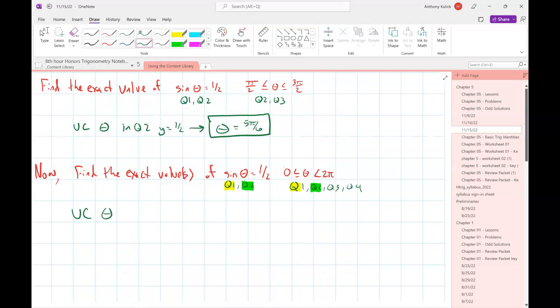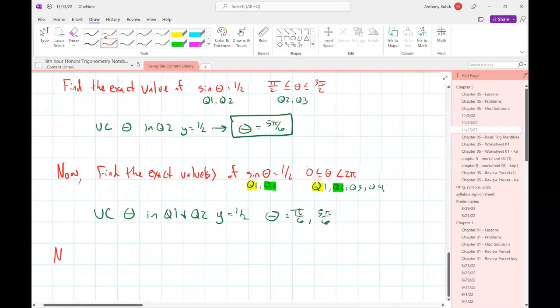So go into the unit circle, looking for theta in quadrant 1 and quadrant 2, where the y is 1/2. We'd find thetas pi over 6 and 5 pi over 6. Everybody's okay with that idea?